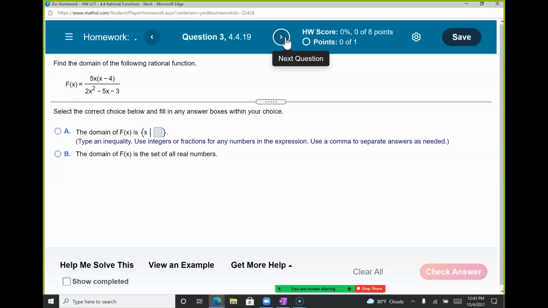So this is number 3, homework 4.2, no, 4.4, right? Homework 17, number 3.